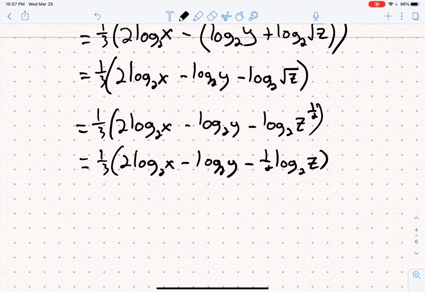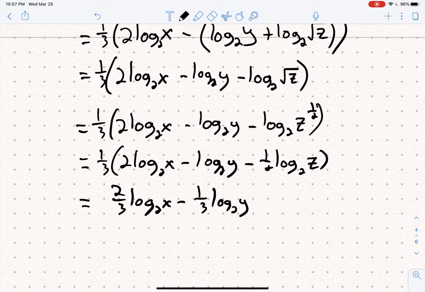And then, as a very final step, I'm going to get rid of those parentheses, the big ones here, by multiplying this 1/3 through the whole thing, times each of the 3 terms inside. And that 1/3, when I multiply it by the 2 log base 2 of x, I get a 2/3 log in base 2 of x. And then I'm going to have a minus 1/3 log in base 2 of y.